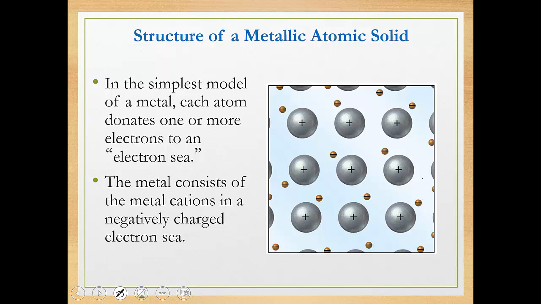So when we're talking about that positive charge in a sea of electrons, what are we talking about? Here's a figure just to illustrate that. Each atom donates one or more electrons to this sea. These electrons move freely throughout this metal structure, which is why metals are good conductors of electricity. They have this sea of electrons that are available to transmit a charge.